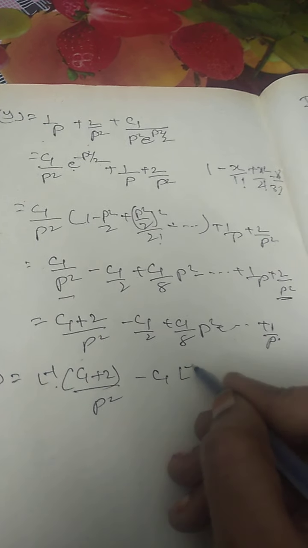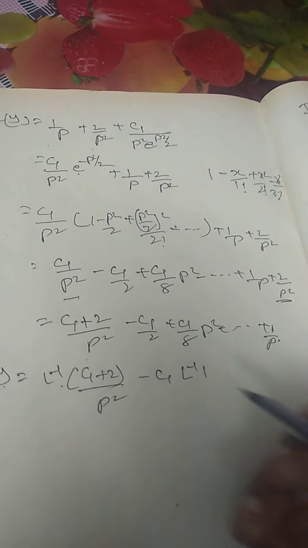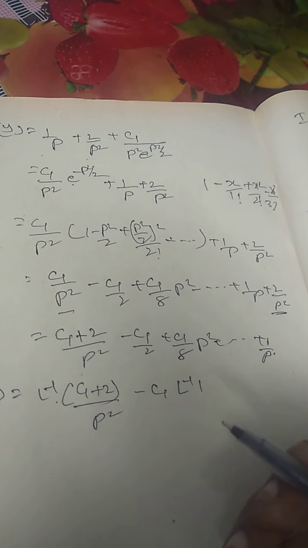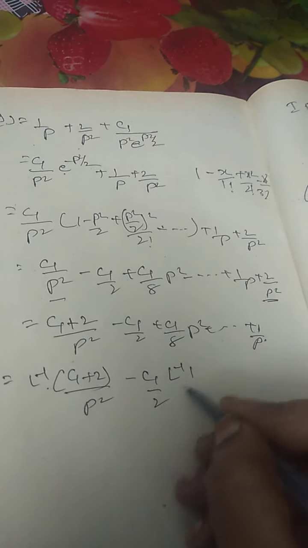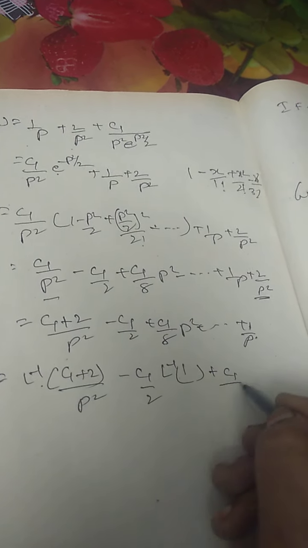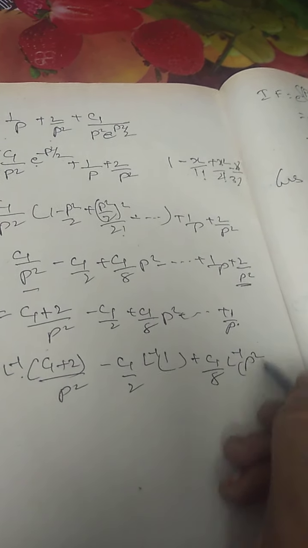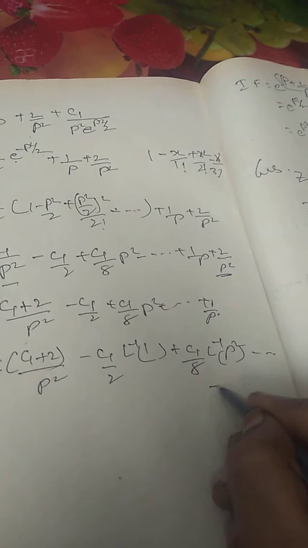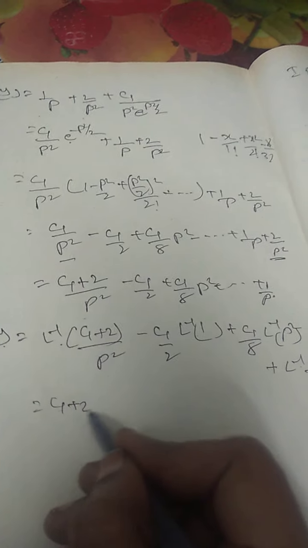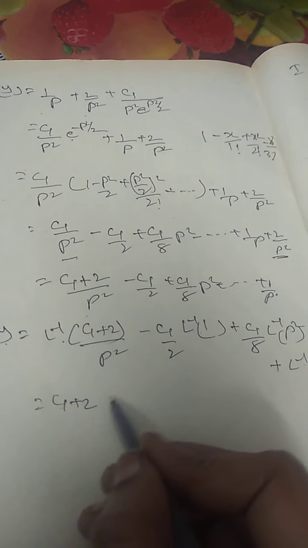So c1 into Laplace inverse of 1, c1 by 8 into Laplace inverse of p square, minus so on. So c1 plus 2 is constant here, and 1 by p square gives t.